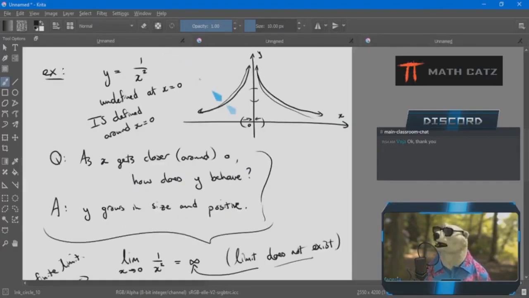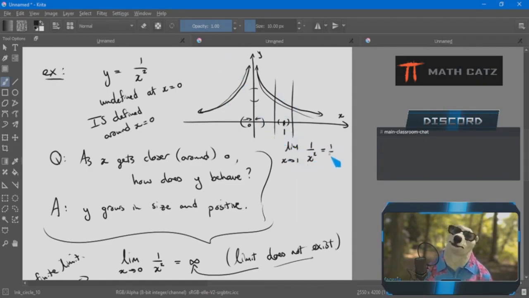Now, I will say, while I'm here, for example, if I ask for the limit as x approaches 1 for this function, note that there is no issue there. I am containing myself to a very small window around the x value in question. I don't care what happens anywhere else. Is it continuous on that little window? Yes, it is. 1 over 1 squared. 1 exists. Move on with your life.